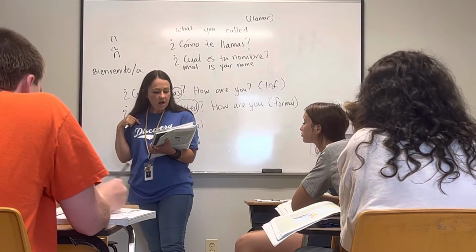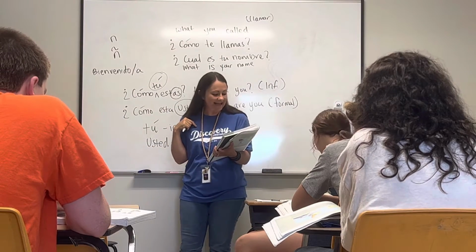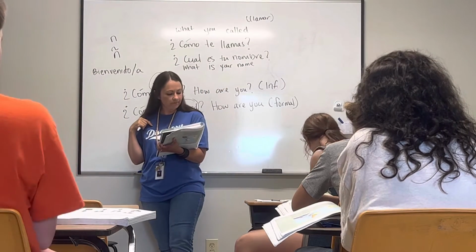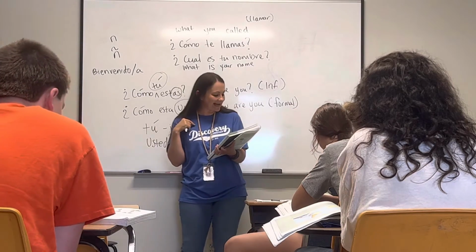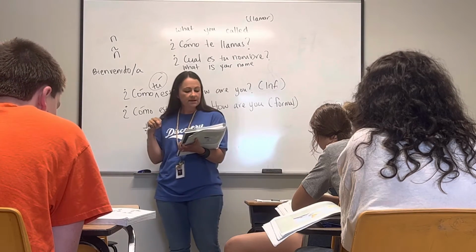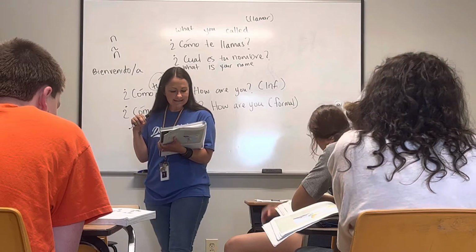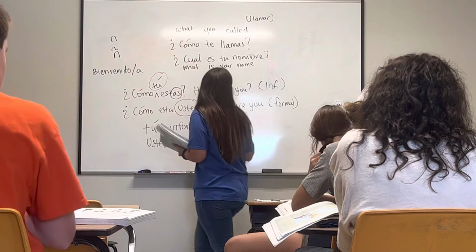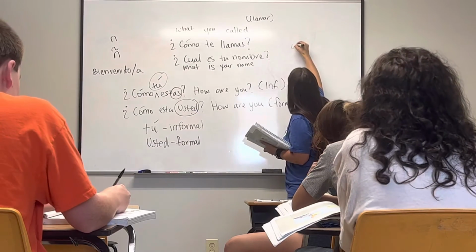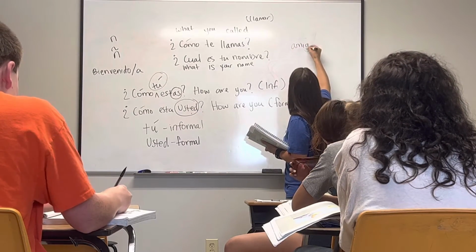Number 4, secretaria, director, is principal, compañeros de clase, that's your classmates. Number 7, you see amigas, that is for friends, and notice it says female friends. What would it be if it's male friends? Amigos, good.